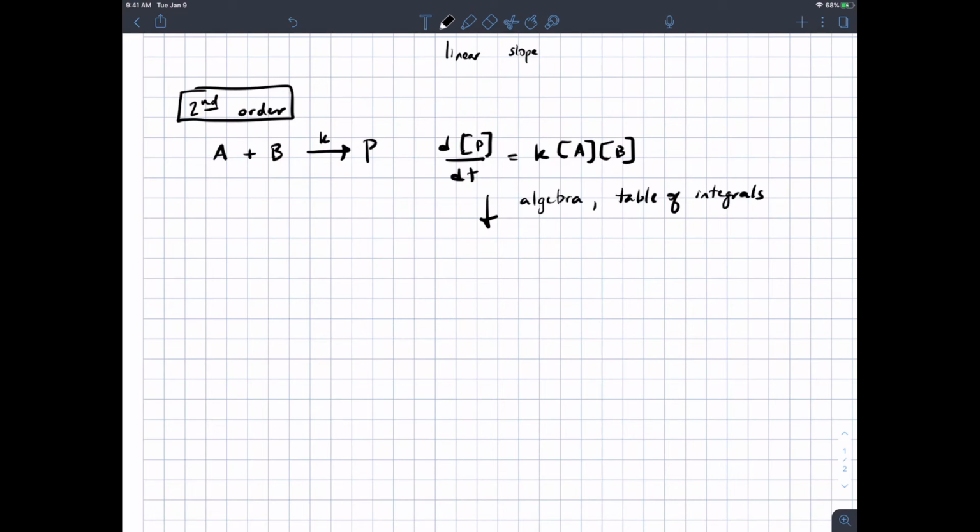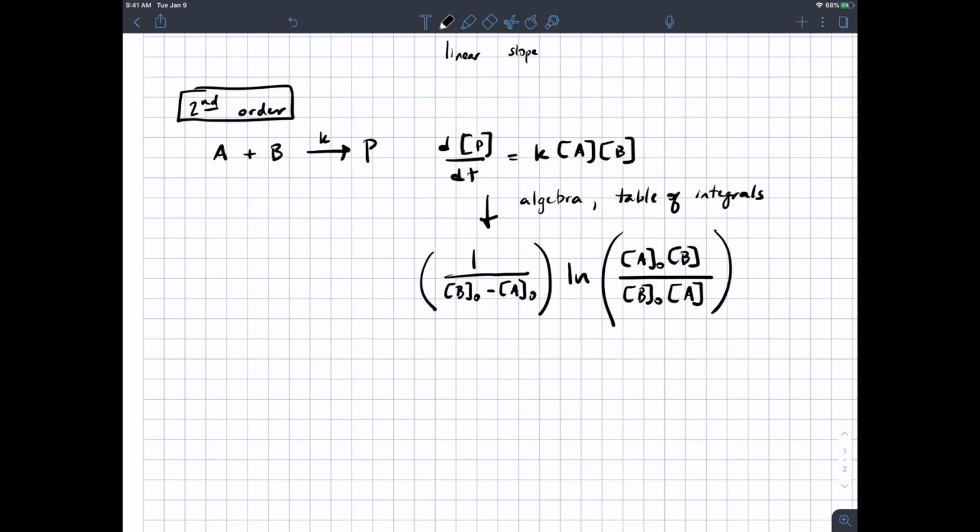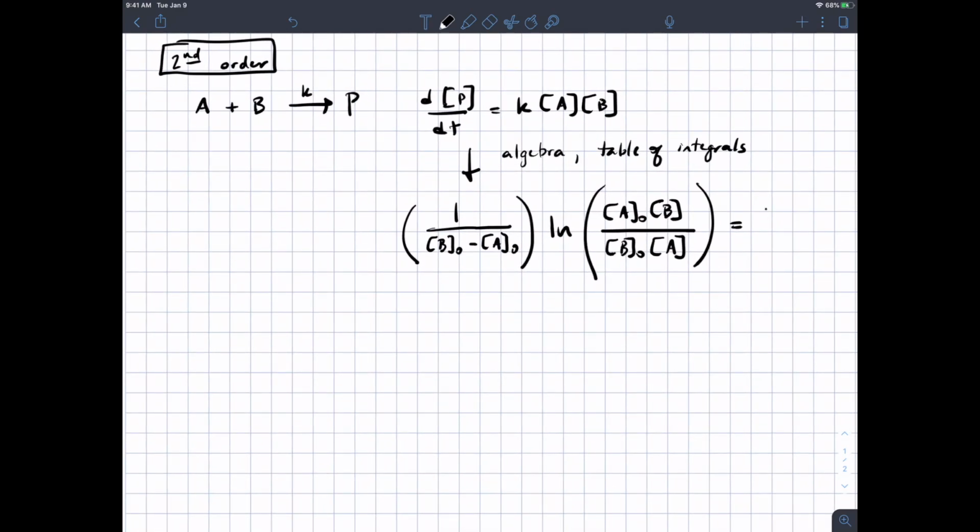So if you do that math, you end up with an interesting expression that depends on your starting concentrations of A and B, followed by the natural log of starting concentration of A times concentration of B, all divided by starting concentration of B times current concentration of A. And if you plot that versus time, it should be linear and the slope would be k.